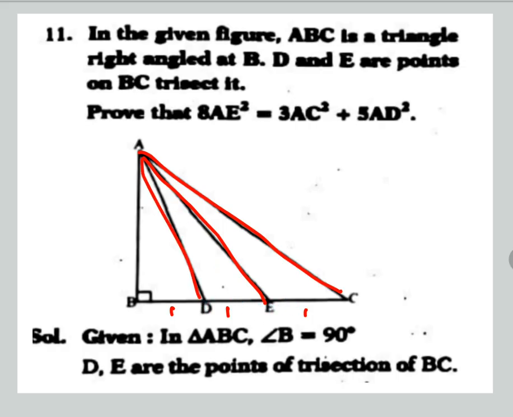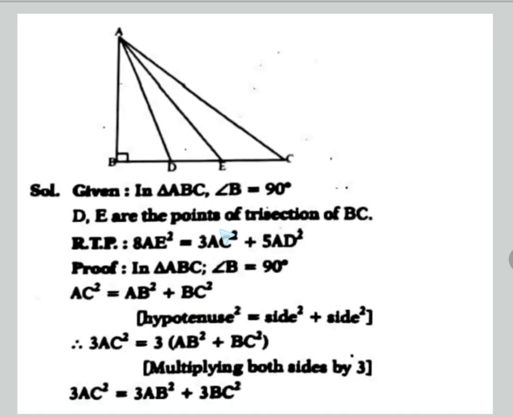This is what we are required to prove. Given triangle ABC with B equal to 90 degrees, and D and E are the points of trisection of BC. Then we are required to prove 8 AE square is equal to 3 AC square plus 5 AD square.